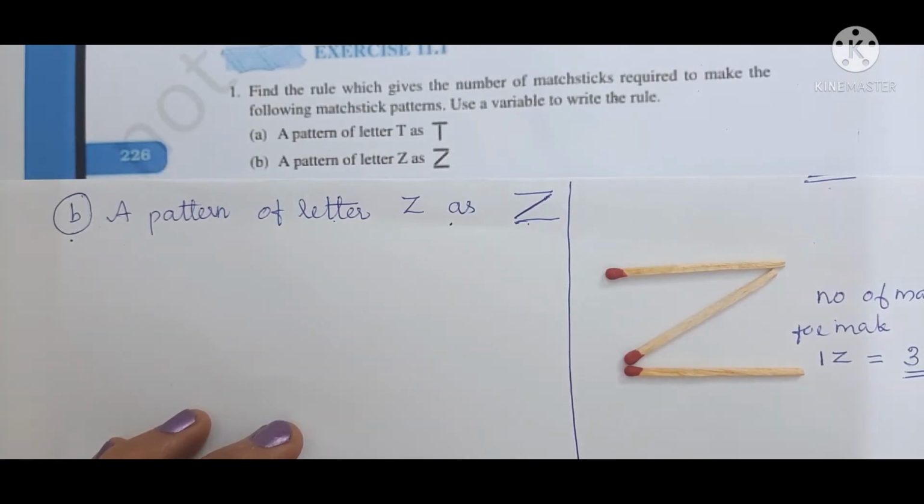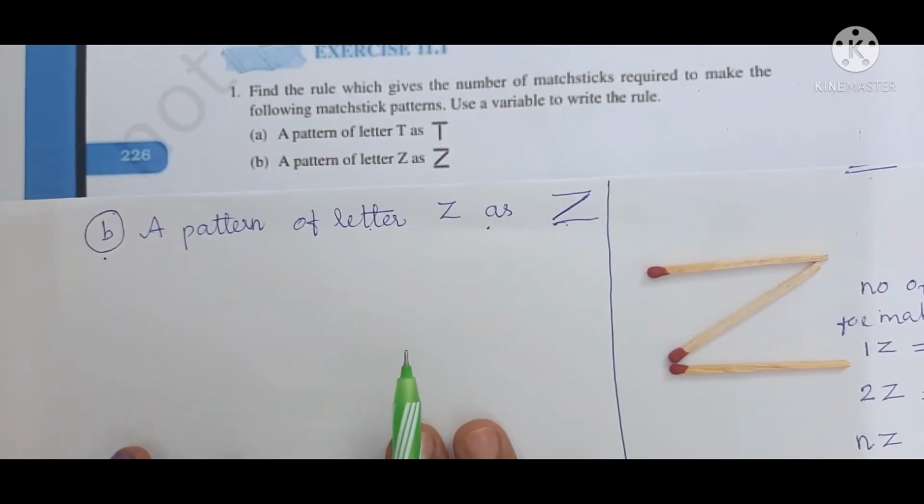Okay, so we have to make 2 Z's. For 2 Z's we need 2 into 3, that is 6. So we have to make n number of Z's. So we need 3 into n, that is 3n. So we have to write the answer.